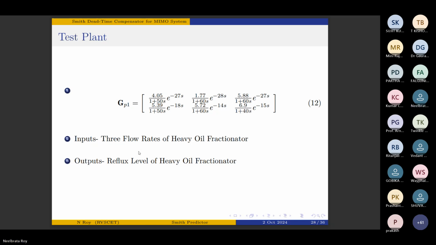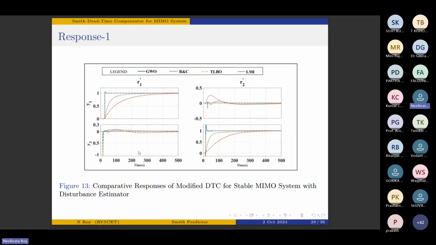This plant is taken from a heavy oil fractionator example, which is generally taken in the literature. It is an example of a stable FOPDT plant. We can see that our output reaches the steady state much faster than with the previous methods. We have tuned using Grey Wolf optimization and the TLBO method.